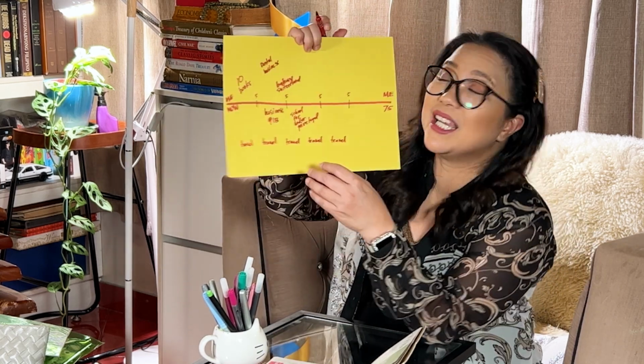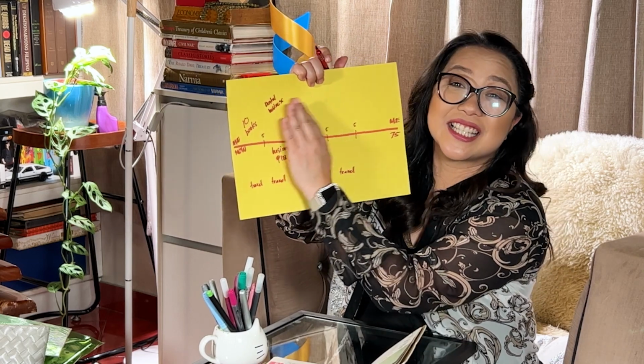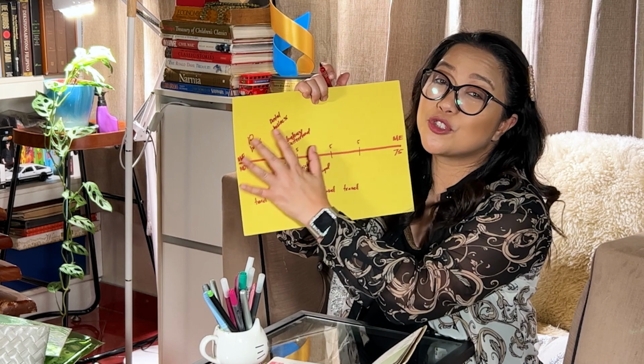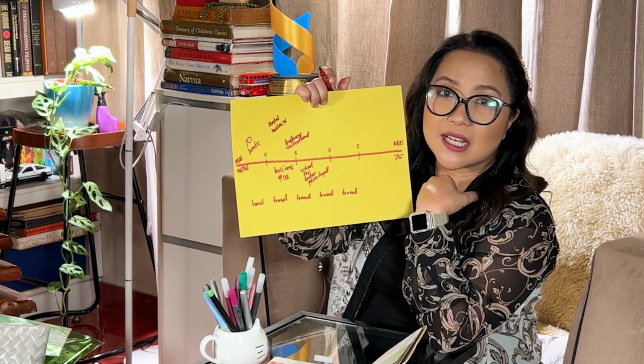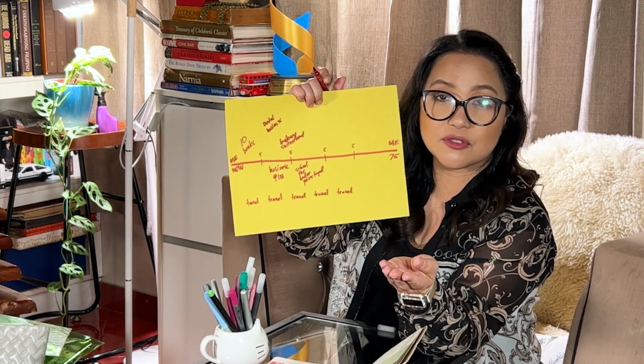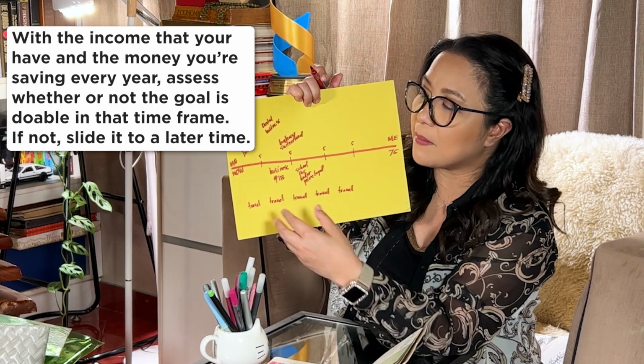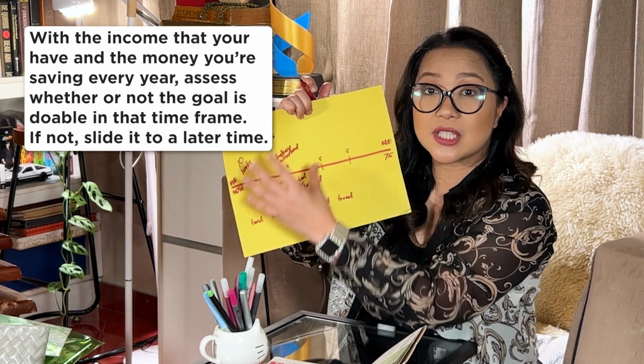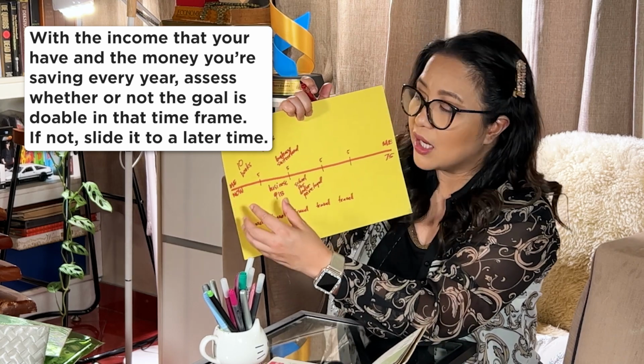So, usually, pag gumagawa ako ng vision board as a transformary coach, karamihan ng items nakasiksik sa left side. Kasi nagmamadali yung mga tao, kaya siya frustrating. So, as a transformary coach, or if you don't have a transformary coach, you can do it for yourself naman. Assess, with the income that you have and the money that you're saving every year, kaya ba?